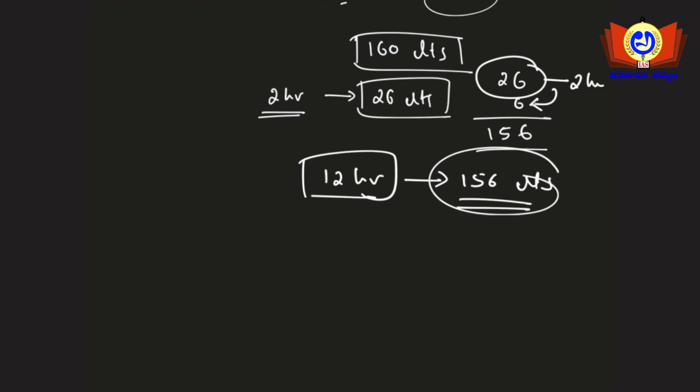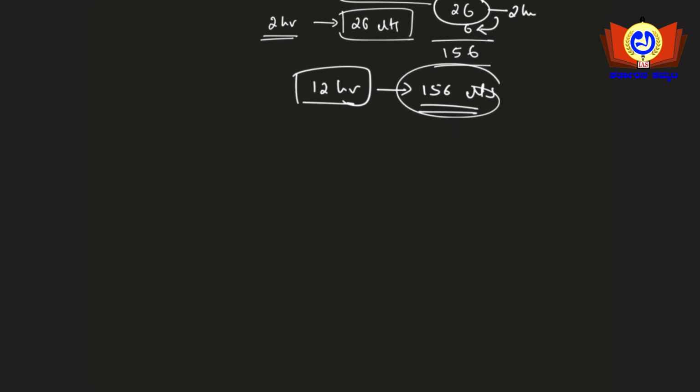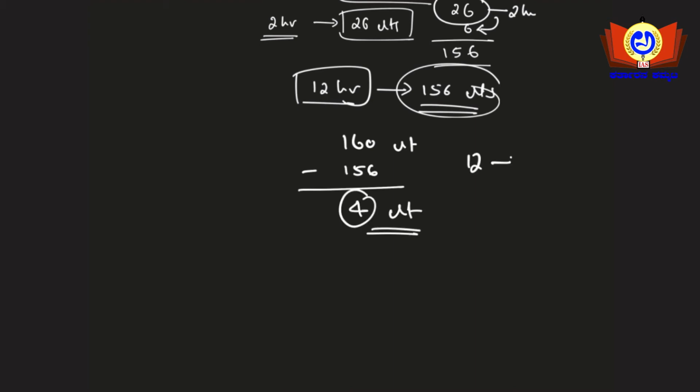What is the total capacity of the tank? 160 liters. So minus 156, the remaining is 4 liters. For 12 hours 156 liters has been filled. So for 4 liters, what is the time taken to fill up the tank?